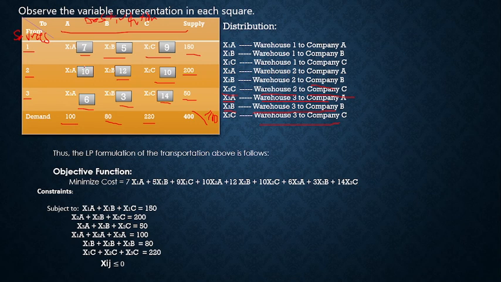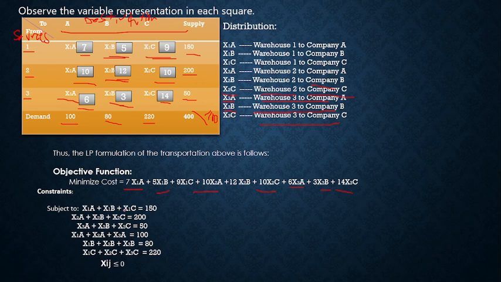The operation that will be used is addition. So 7x sub 1A plus 5x sub 1B plus 9x sub 1C, plus 10x sub 2A plus 12x sub 2B plus 10x sub 2C, plus 6x sub 3A plus 3x sub 3B plus 14x sub 3C.